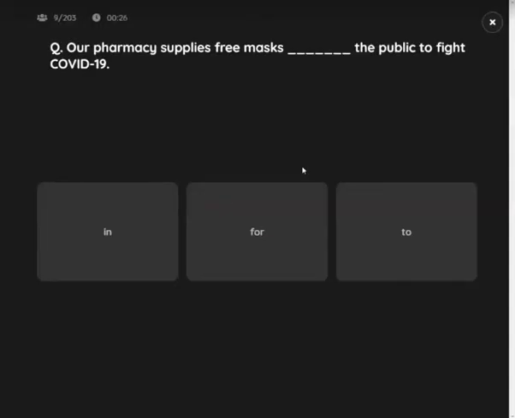Our pharmacy supplies free masks. What is the preposition that we need here? Is it in, for, or to the public by COVID-19?